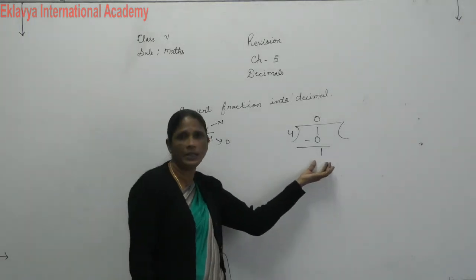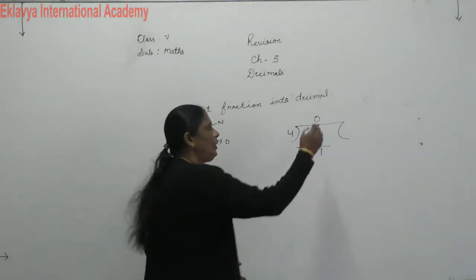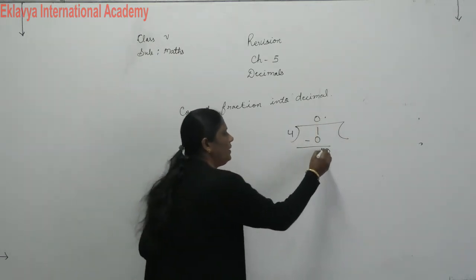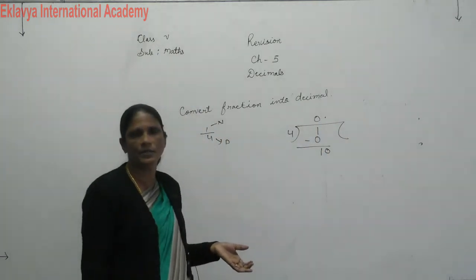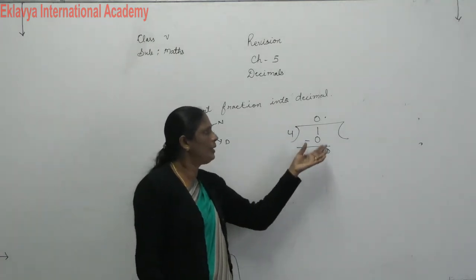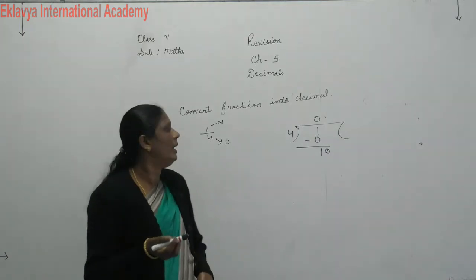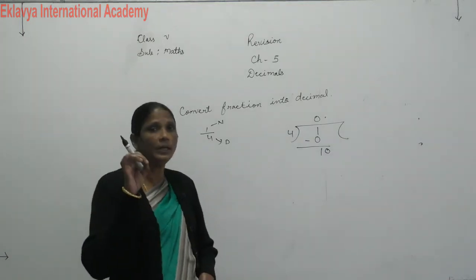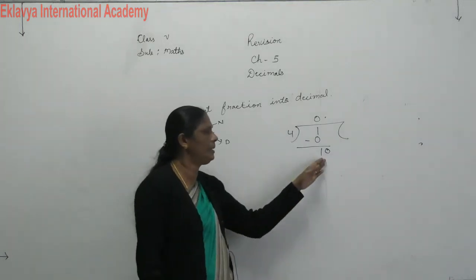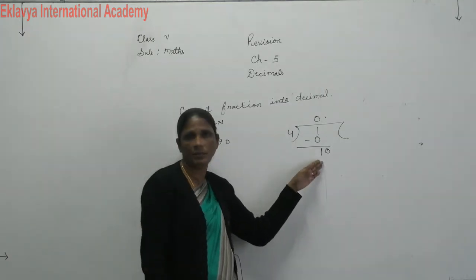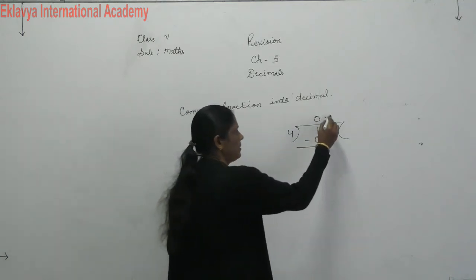When the remainder comes, you put a point in the quotient and you give 1 0. Now our number is 10. The table of 4, how many times come in 10? 2 times.